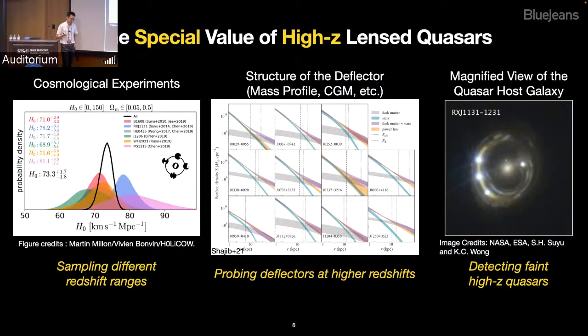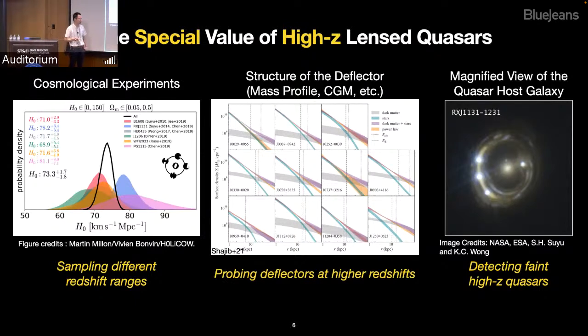If you are primarily interested in cosmology, and we have high-redshift lensed quasars suitable for cosmological measurements, we can extend the redshift space towards redshift 5, 6-ish, and that will give us better constraints on these cosmological parameters. And if we are interested in the redshift evolution of galaxy structures, we do want to find more high-redshift lensed quasars that are likely lensed by higher-redshift galaxies.